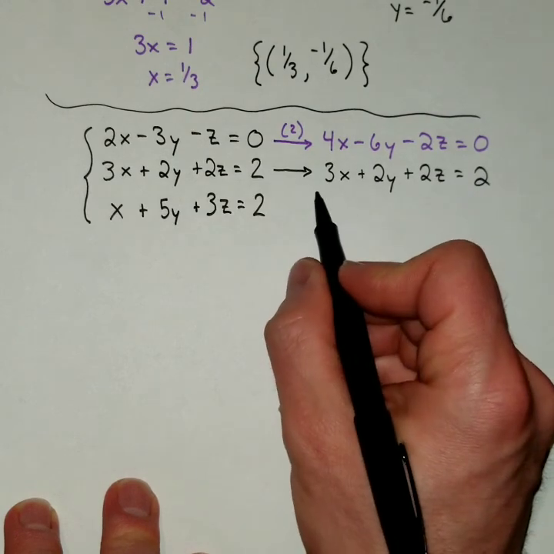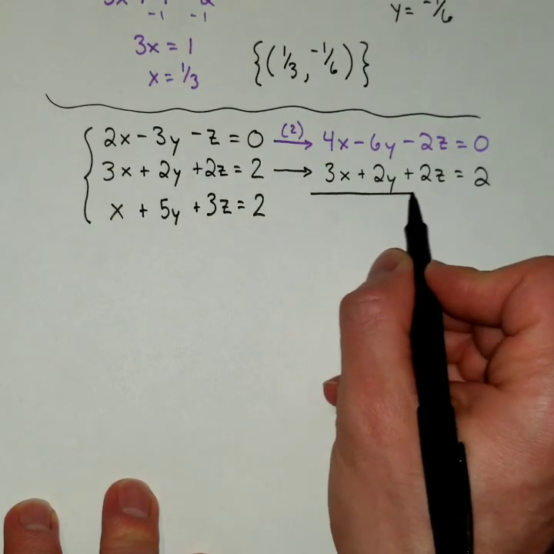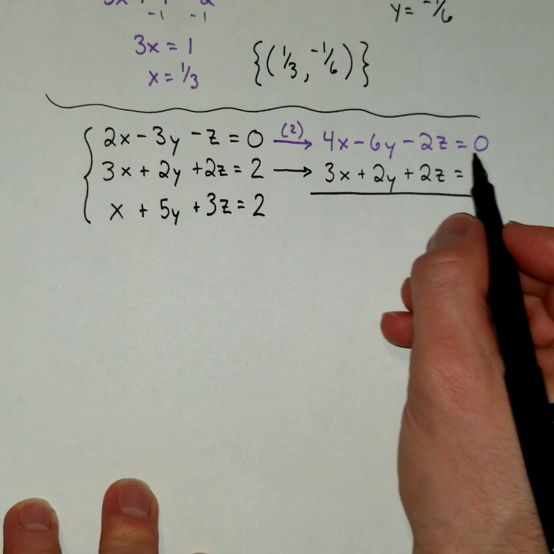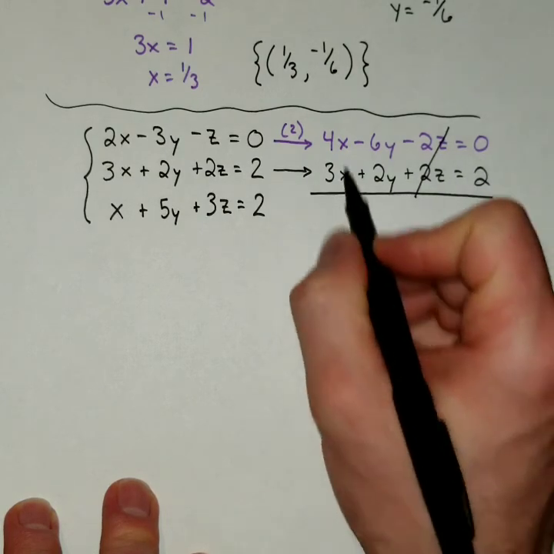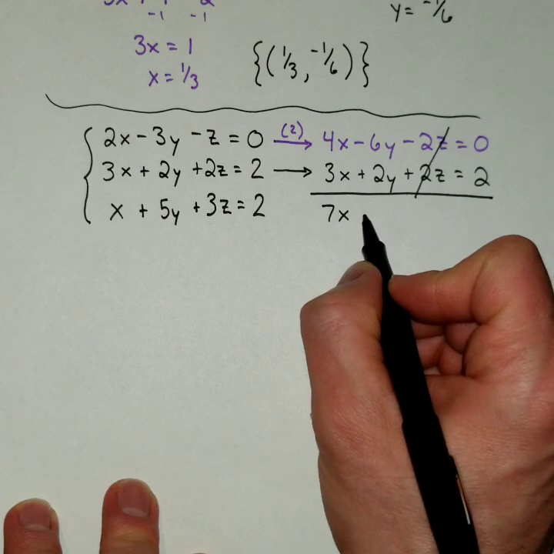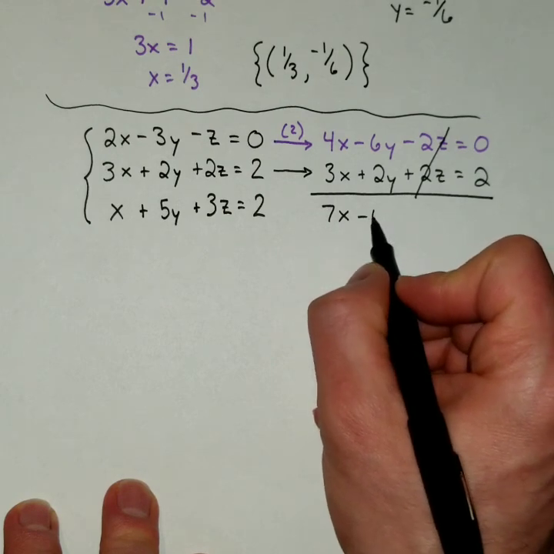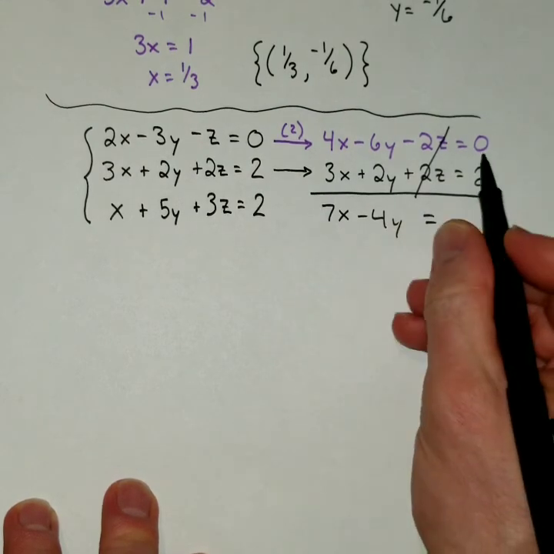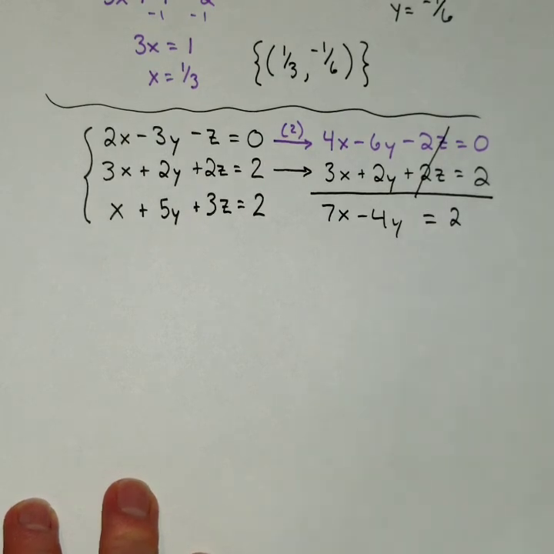And when I add those up, the z's will drop out. I'm going to get 7x minus 4y equals 2.